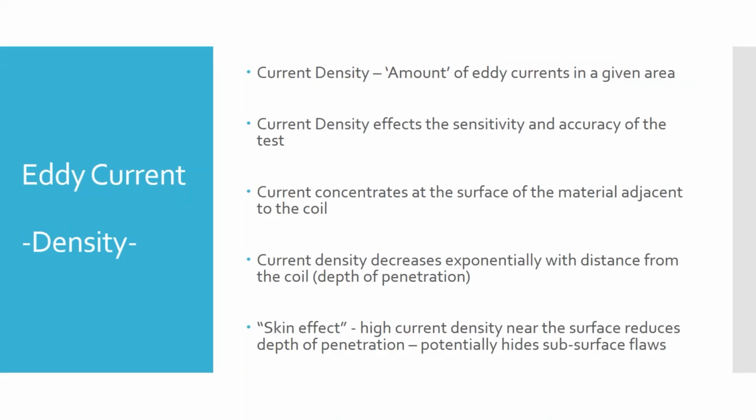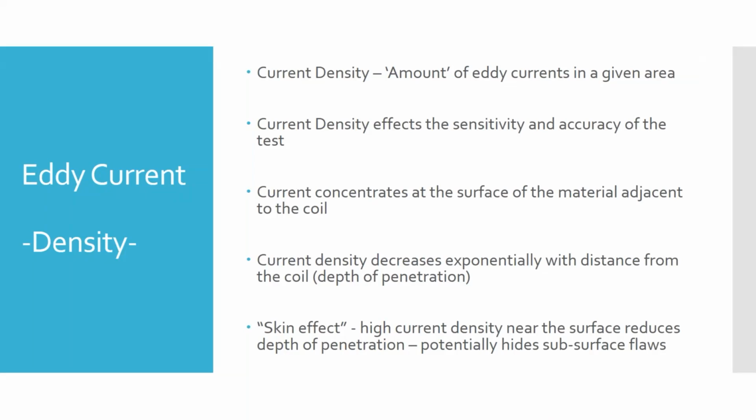So if you have a part that's not flat, it's not just going to be directly below the coil, it may be off to the sides to some extent. And so if you're moving your probe around the part and you go from an open flat area into an area where there's a change in geometry of the part, that is also going to affect the output of that coil.